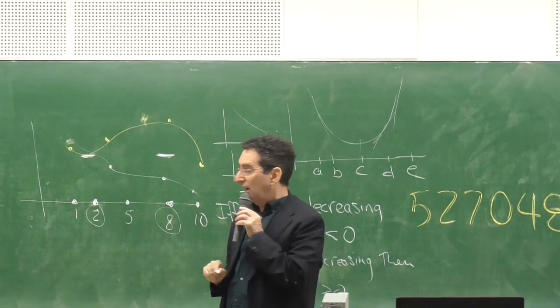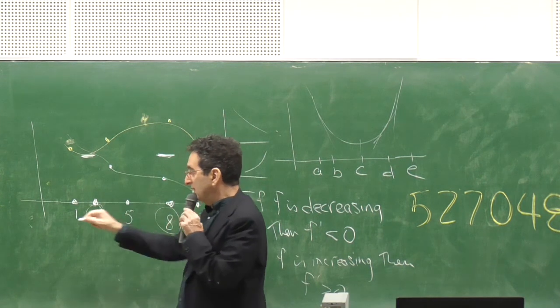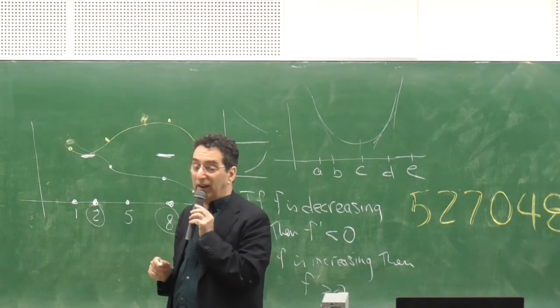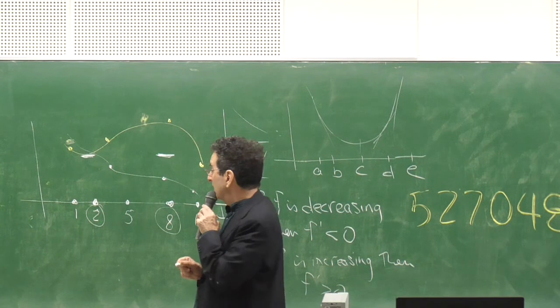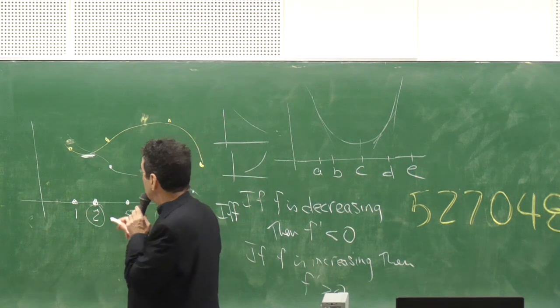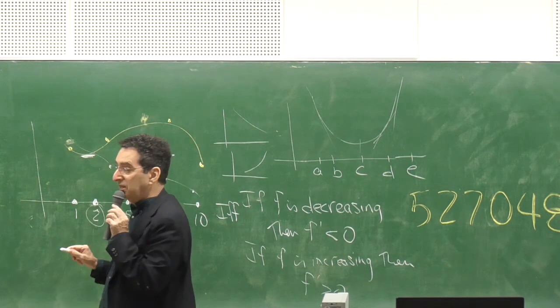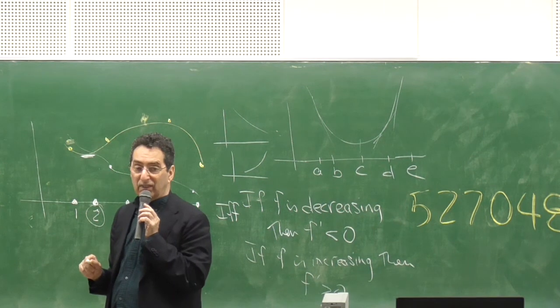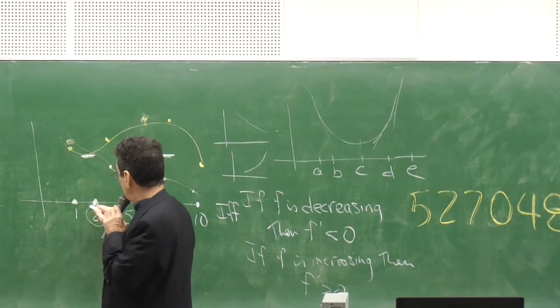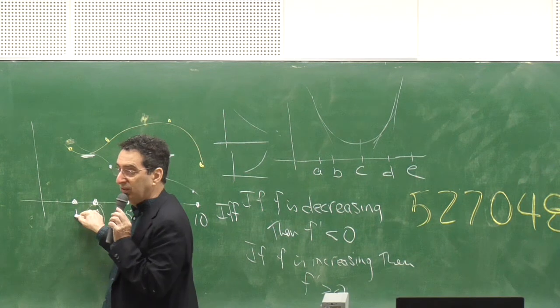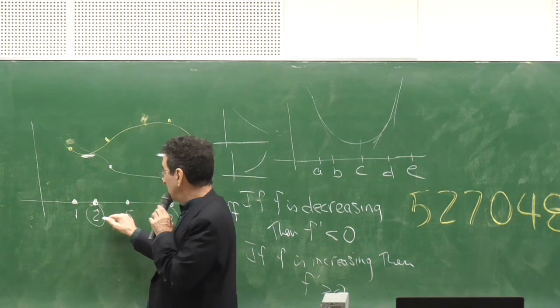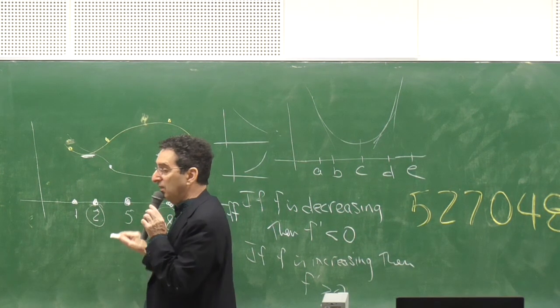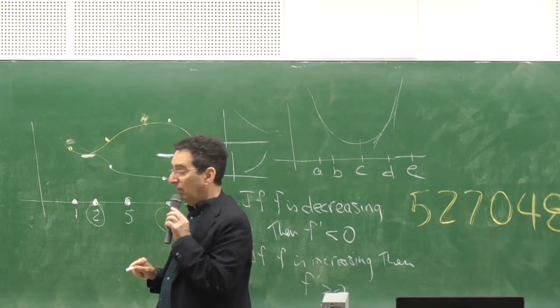Now we could go through all of this that we started to do over there and do it that way. But another thing we could do is check here, is the derivative positive or negative? This is a point to the left of 2, and we can check a point to the right of 2, is the derivative positive or negative?